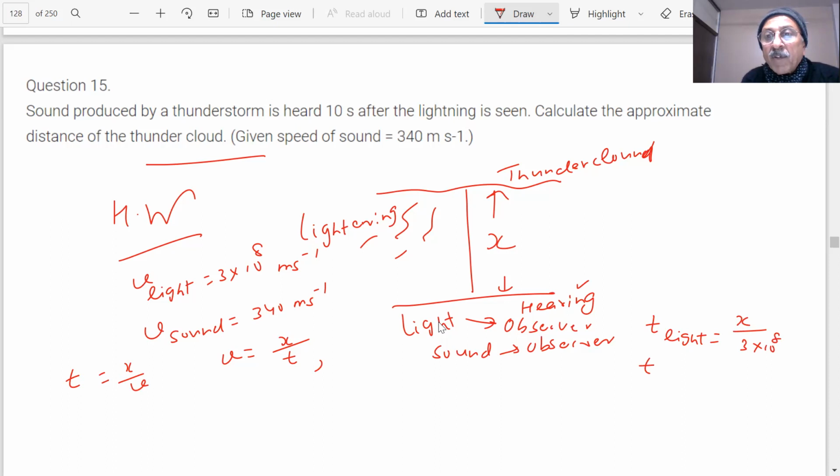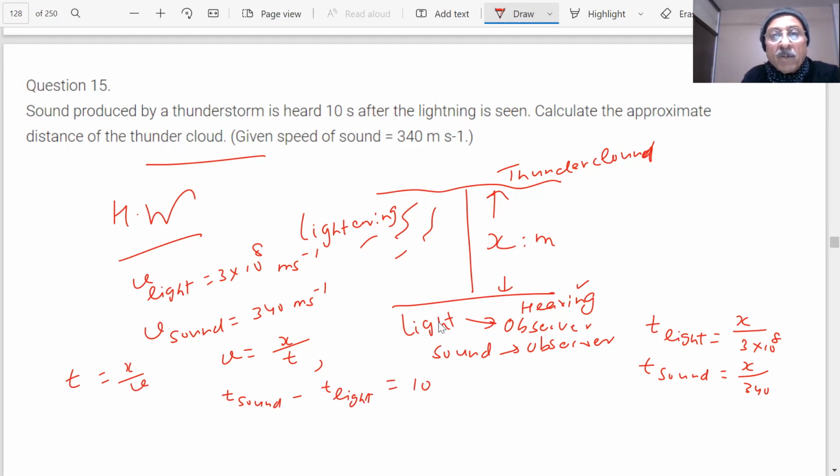And what is the time for the sound? x by 340, if this is in meters per second. Sound will be heard later. Time of sound minus time of light is how much? The gap is 10 seconds.